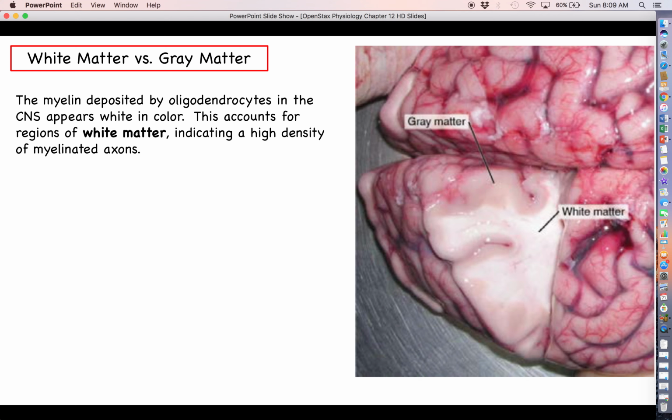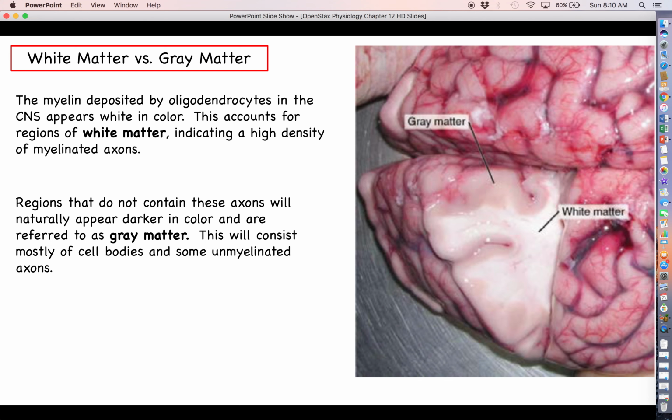So anytime you see white matter, specifically in the central nervous system, and only the central nervous system, because that's the only place you're going to find oligodendrocytes, anytime you find this nervous tissue that appears white in color, as you see from this little section of the brain here, what that tells you is that white matter contains a very high density of myelinated axons, axons that are specifically myelinated by oligodendrocytes.